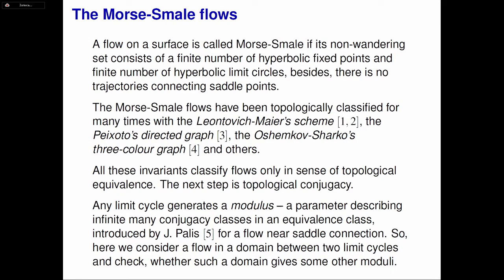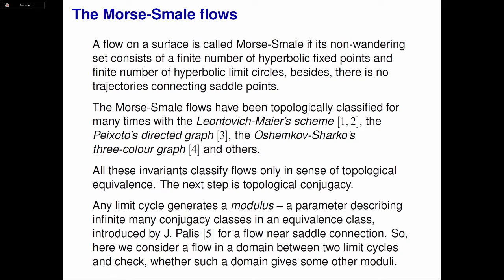I want to remind what a Morse-Smale flow is. This is a flow whose non-wandering set consists of a finite number of hyperbolic fixed points and a finite number of hyperbolic limit cycles. Besides, there are no trajectories connecting saddle points.